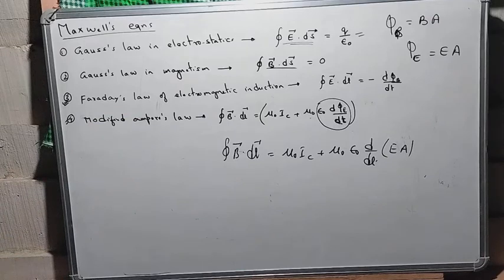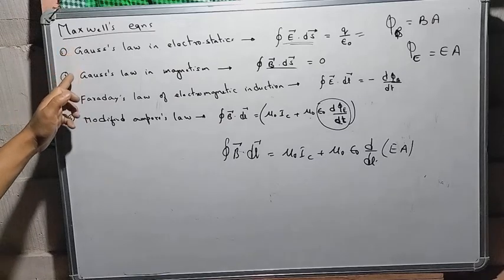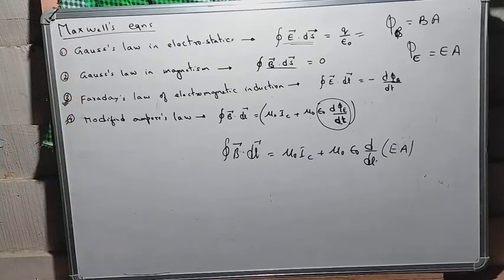That is how, as I told you from the beginning, with the help of Maxwell's equations we can determine the characteristics and nature of the electromagnetic wave. Now we have just defined the electromagnetic wave as a wave which consists of varying electric and magnetic fields. In the next video we will see how this electromagnetic wave can be represented.